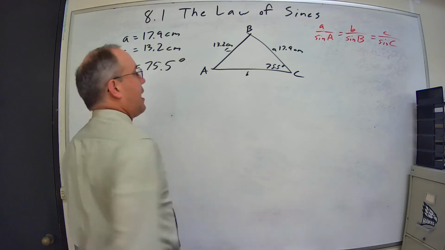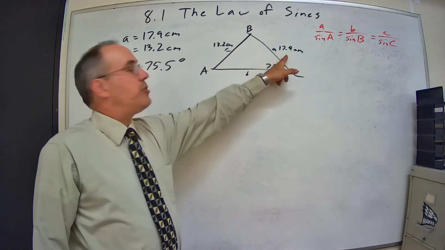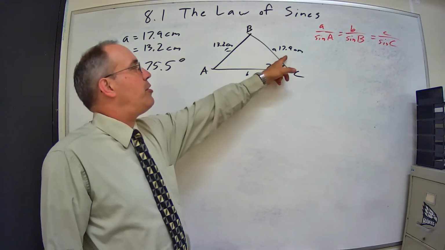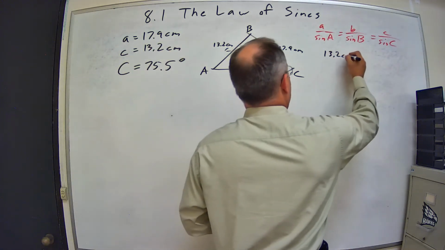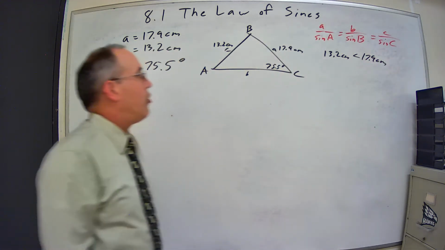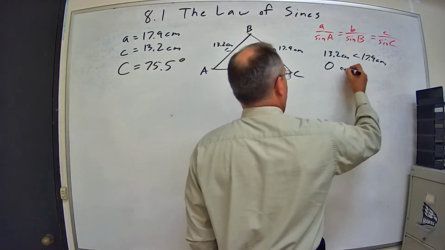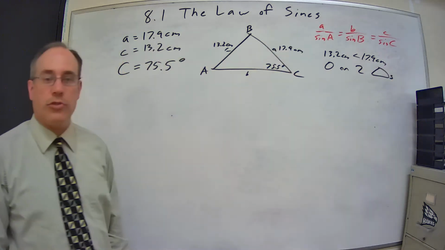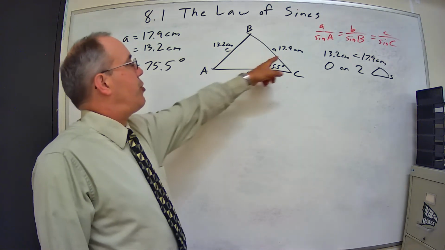So I look at this and I compare the side opposite to the side adjacent, and I see that 13.2 centimeters is smaller than 17.9. I'm just going to point that out: 13.2 centimeters is less than 17.9 centimeters, which means we're going to have either 0 triangles or 2 triangles, because the side opposite is shorter than the side adjacent.